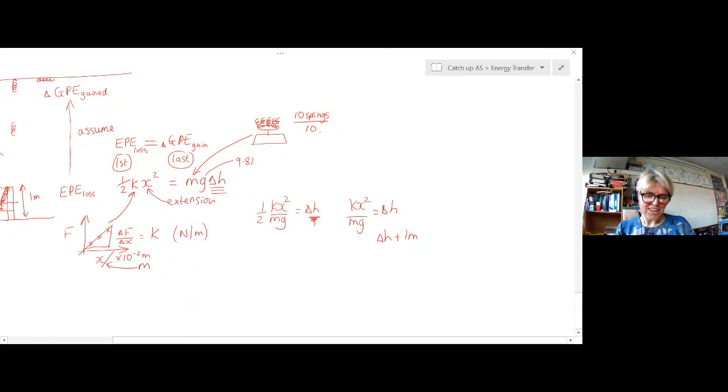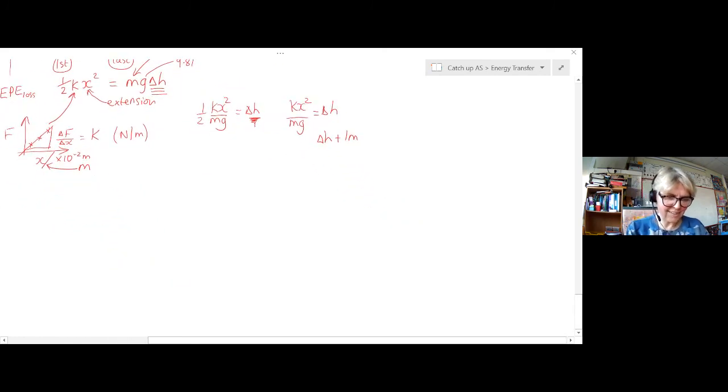All right, now I'm going to look at uncertainties in this particular experiment. So let's have a look at it. x is the extension, and the extension you can get to the nearest division, and the nearest division will be the resolution of the ruler.